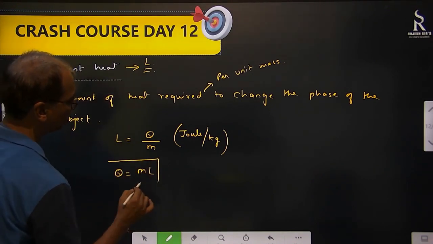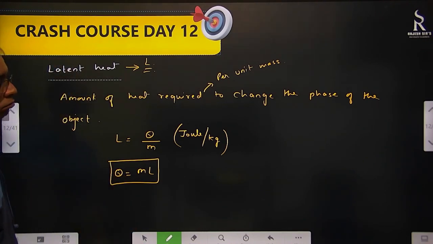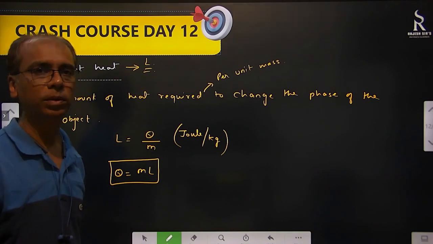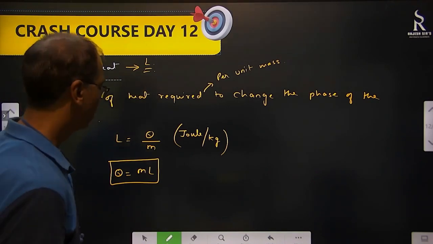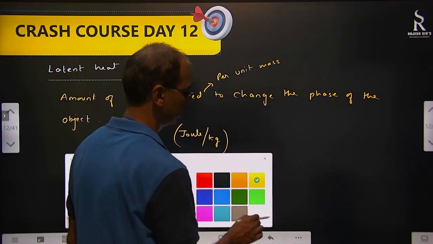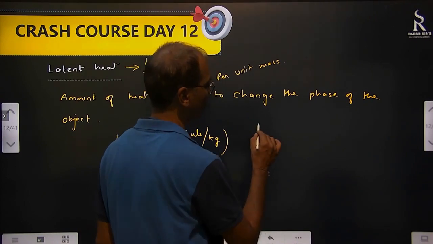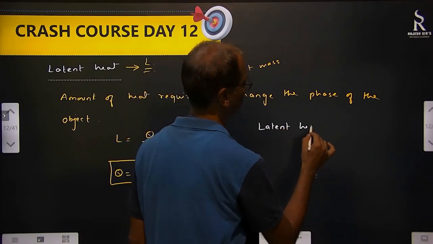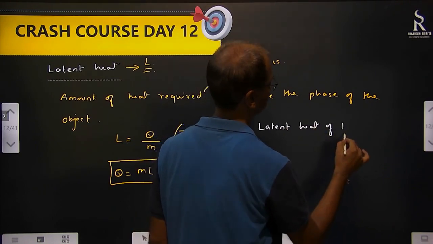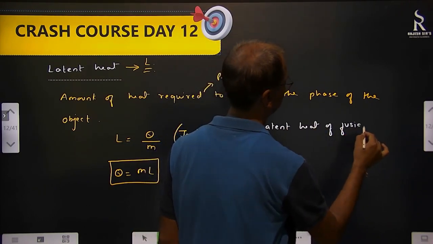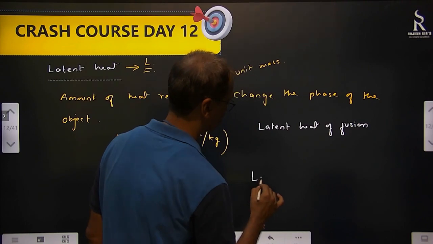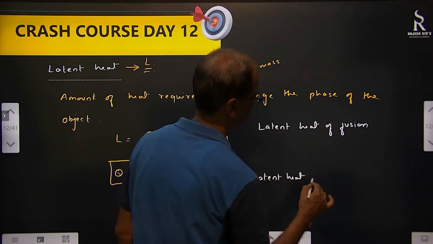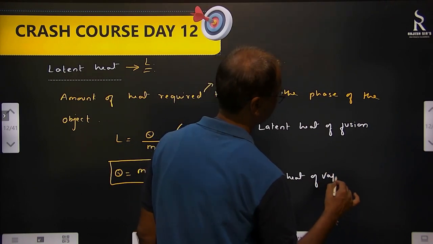So, is this latent heat constant for an object, or how the transfer is happening? The answer is yes. Now, two type of latent heat we'll use. Latent heat for fusion and latent heat of vaporization.